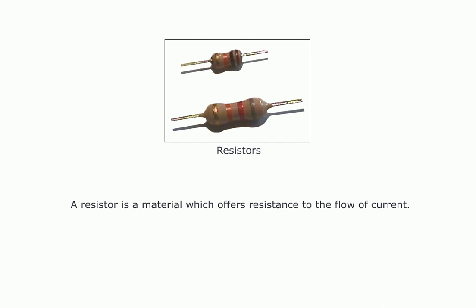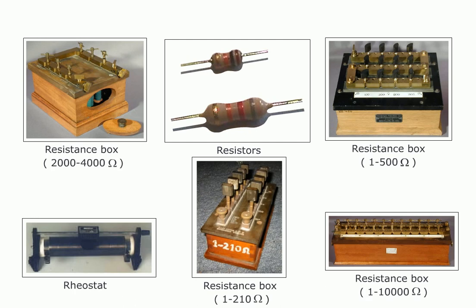Then, do you know how many resistors are there? There are so many types of resistors. Look here. Here are some resistors given. In olden days, all these are used in circuits.